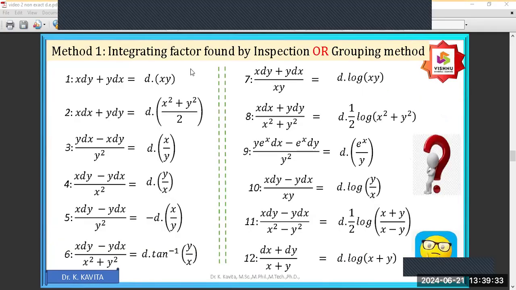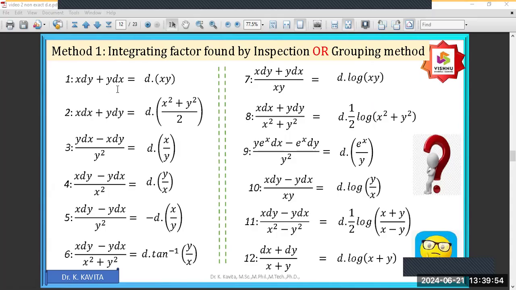In method one, again, the integrating factor is found by the inspection method or grouping method. Here we have to observe that all the 12 grouping method formulas are obtained by inspection. You know very well x dy + y dx = d(xy). This looks like a multiplication, and this looks like an addition, but something is missing, because we can't differentiate that directly.